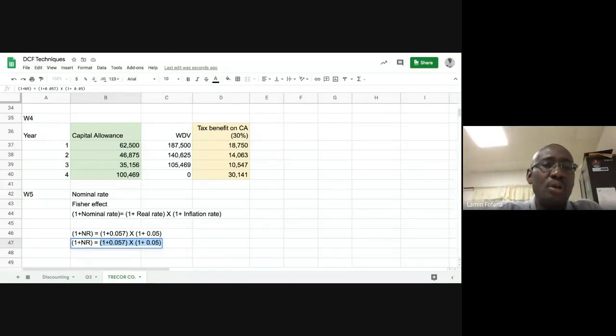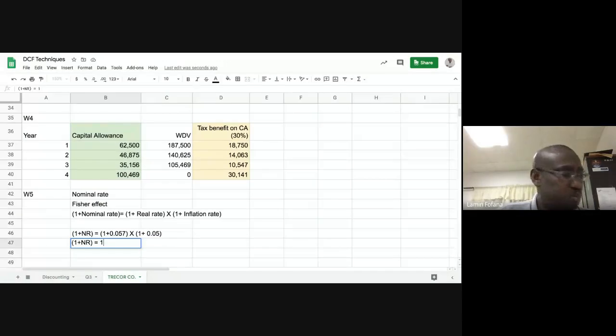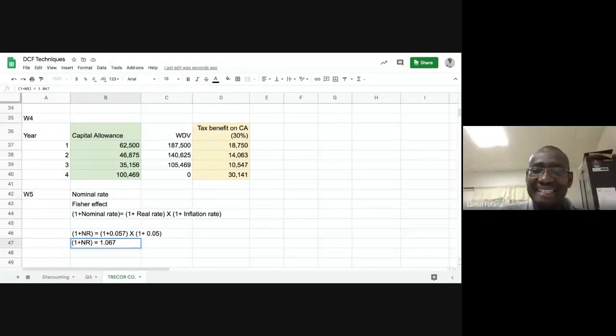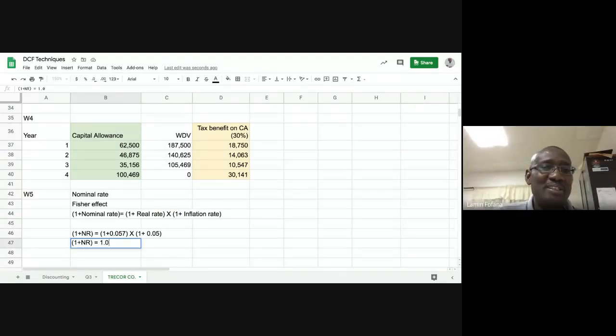What is 1 plus 0.057? 1 plus 0.057 is the same as 1.057, isn't it?